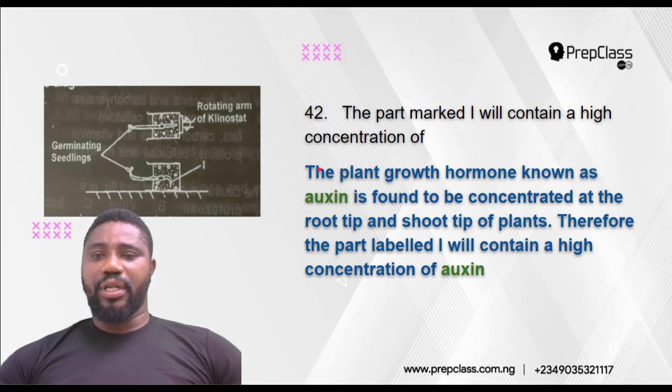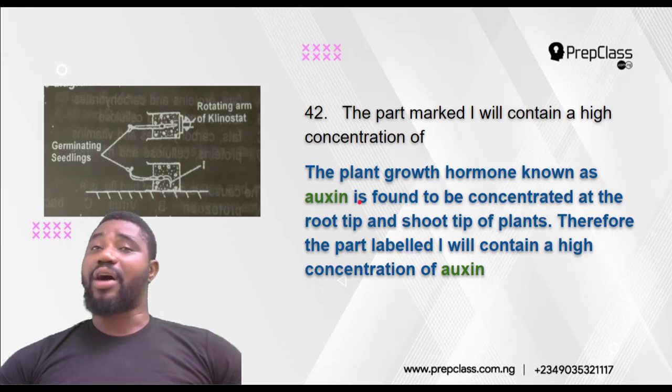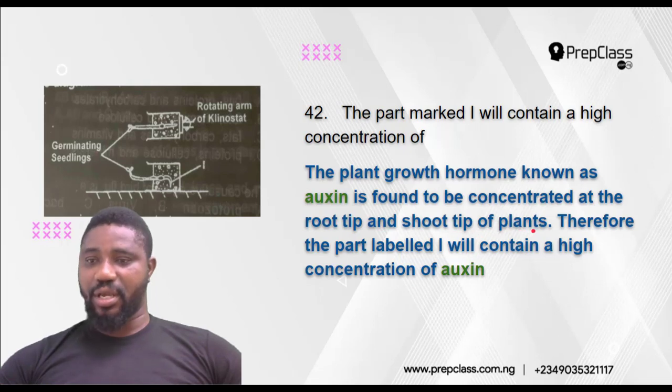Now, the plant growth hormone is known as auxin; we also have gibberellins, which are plant growth hormones. And auxin is found to be concentrated at the root tip and shoot tip of plants.